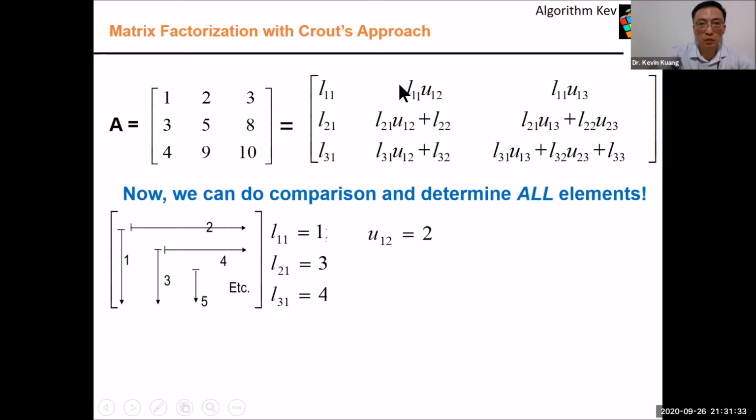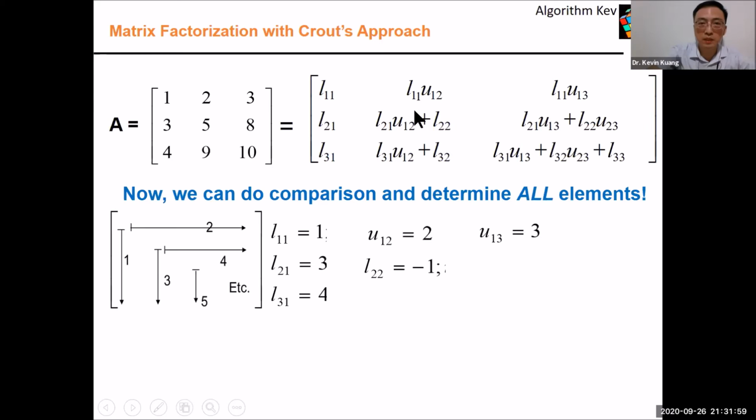Since this whole value has to be 2 and L11 is a 1, U12 will then be 2. Let's proceed on to obtain the value of U13. Since L11 again is 1, U13 has to be 3 in order that when you multiply it, you will get 3. So let's proceed on to the second column.